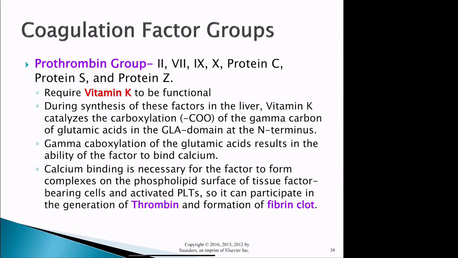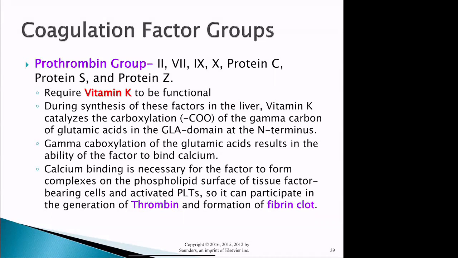I'm going to explain this. During synthesis of these prothrombin group factors, which occurs in the liver, all factors are made in the liver. But for these in particular, we need vitamin K to be present.